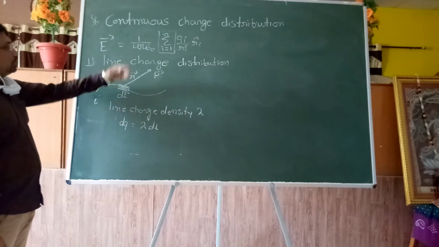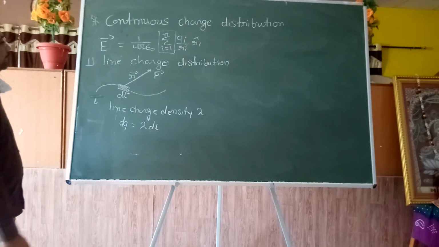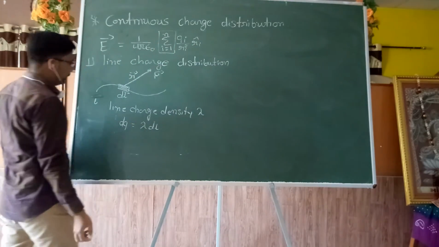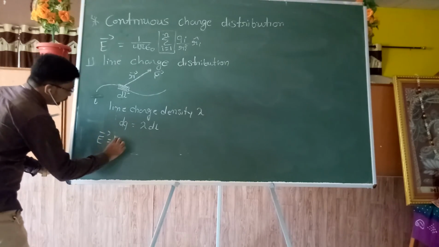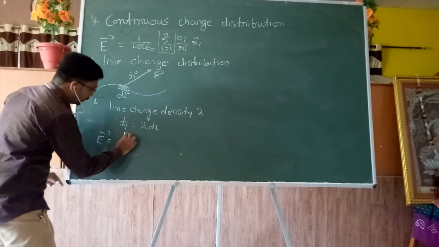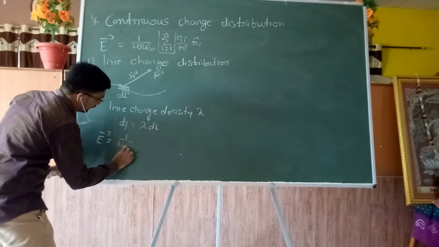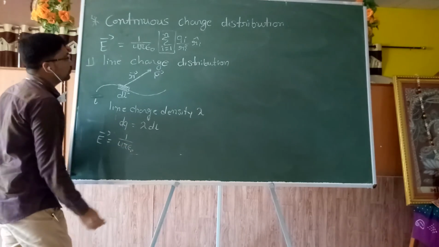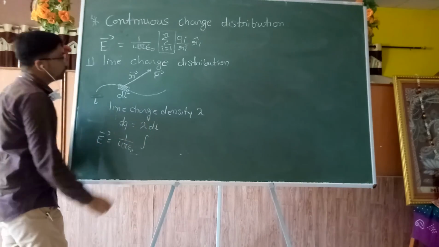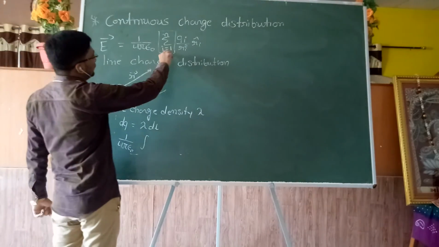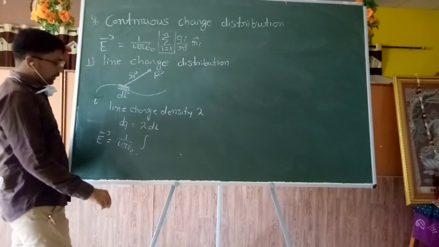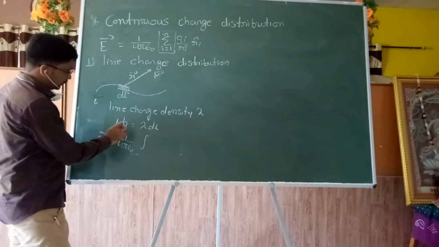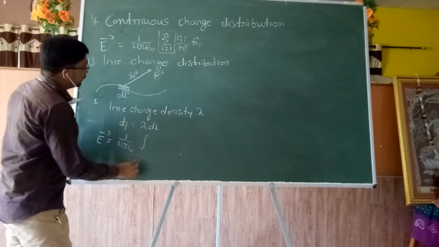Now we substitute this value in this equation and convert that summation into integration. And what happens? E is equal to 1 upon 4 pi epsilon 0 integration. Now summation is converted into integration, so qi is converted into dq, and we will substitute the value of dq from this equation.